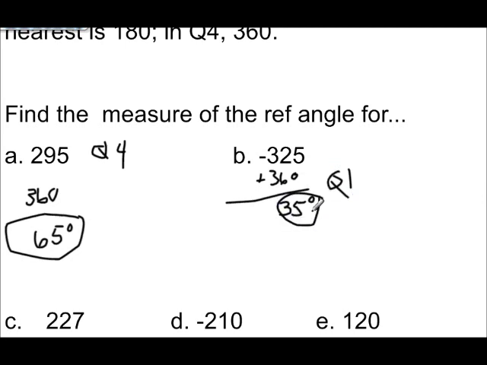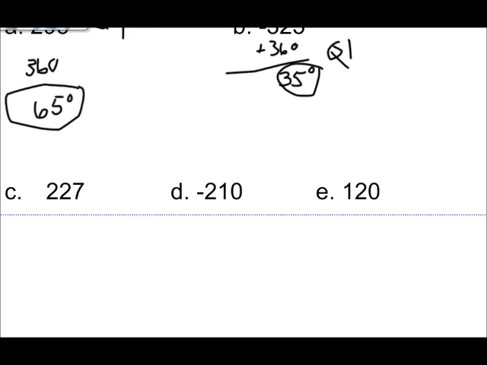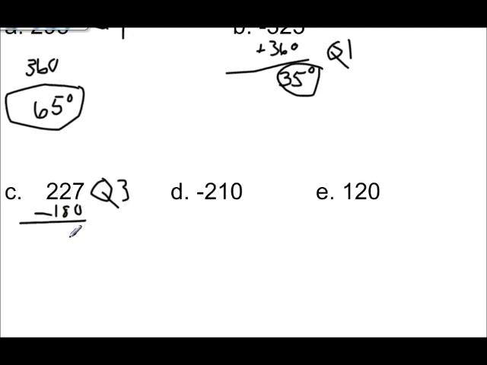That is the reference angle for negative 325. 227 is in quadrant 3. That means its nearest x-axis is the 180 degree mark. So we find out how far it is from 180 to 227, 47 degrees. That's your reference angle.